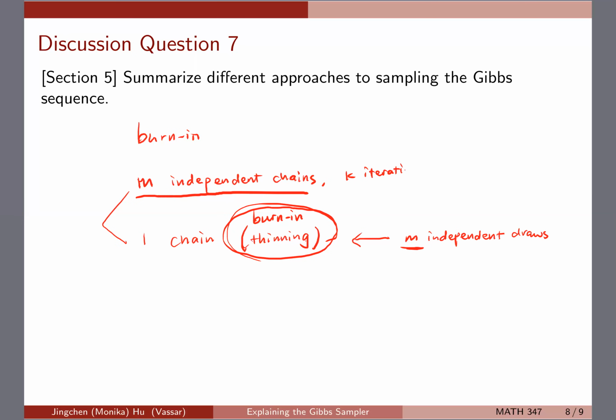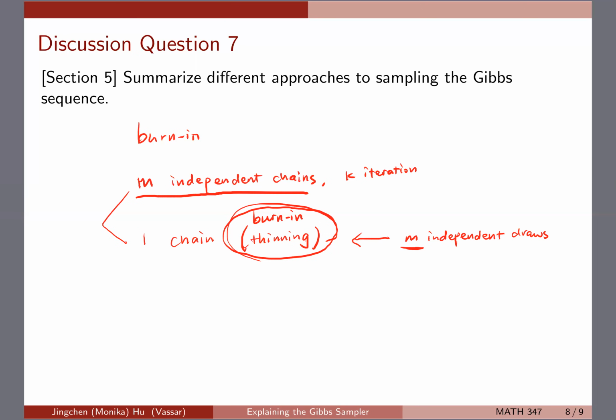And even though there's no explicit burn-in and thinning, the burn-in is sort of done there, because you throw away every iteration except for the last one. And there's no need to do thinning in that case because you're only saving the last draw, because the thinning is really just trying to get independent draws out of dependent draws. I think those are good things to keep in mind.